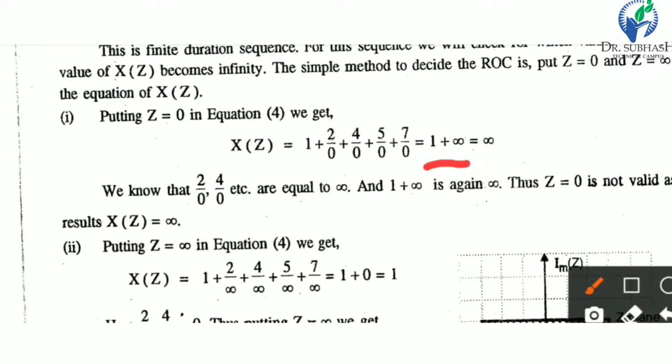So x of z becomes infinity. Thus z equal to 0 is not valid, as it results in x of z equal to infinity. X of z must be some finite value, but we are getting an infinite value.